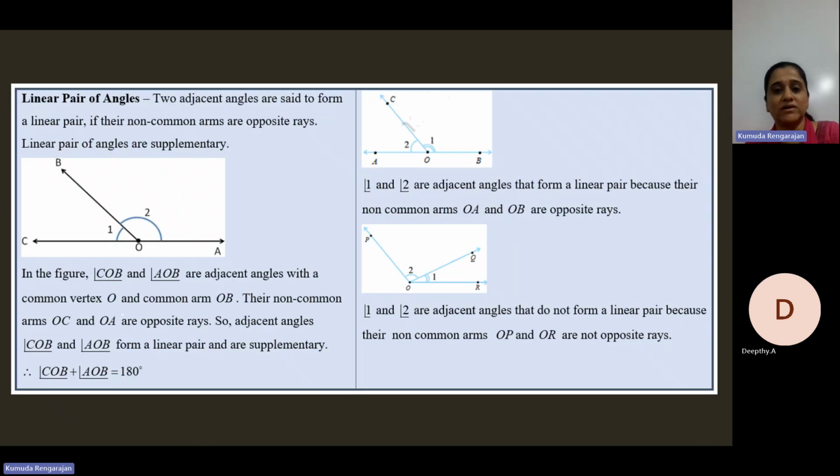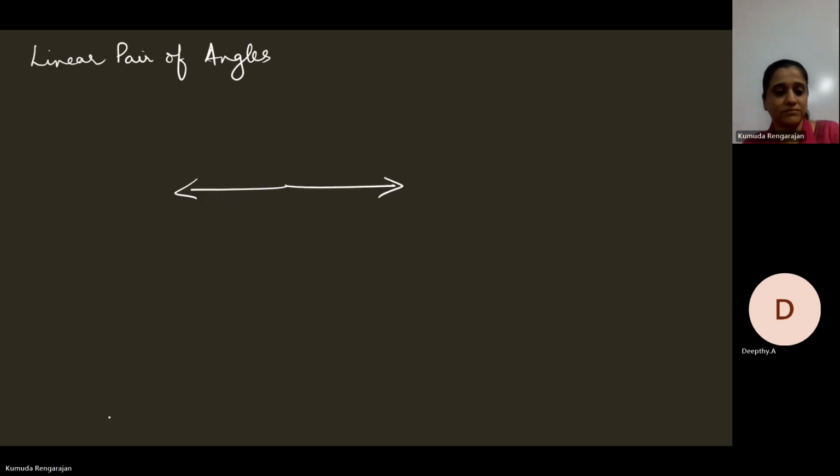See here. Linear pair of angles. Two adjacent angles are said to form a linear pair if their non-common arms are opposite rays.